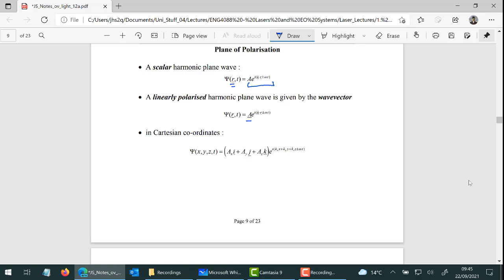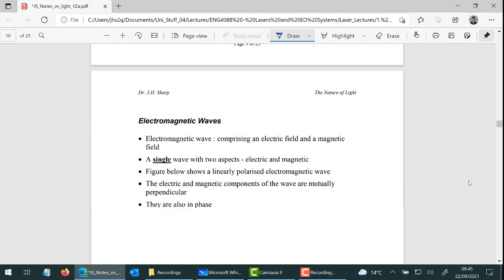If it's a linearly polarized harmonic wave, then a is also a vector, and that means that we have to think about how the peak of the wave points with respect to its direction of travel. And again, you can put these into Cartesian coordinates, and in this case i, j and k are the unit vectors along the x, y and z axes, and again kx, ky, kz and so on.